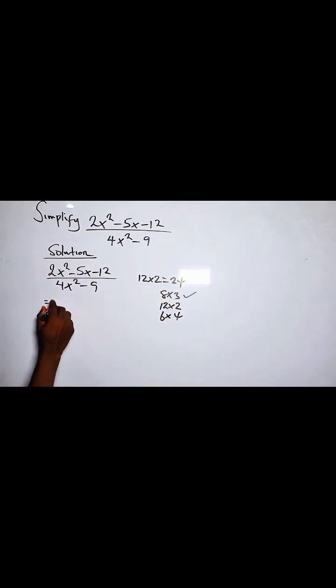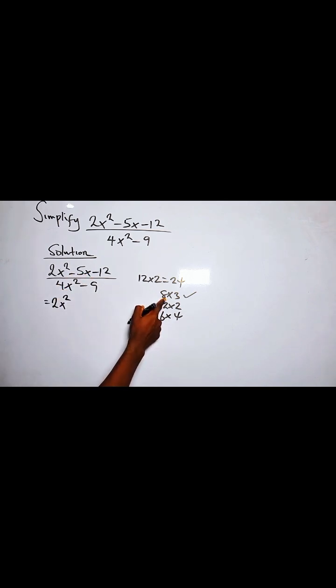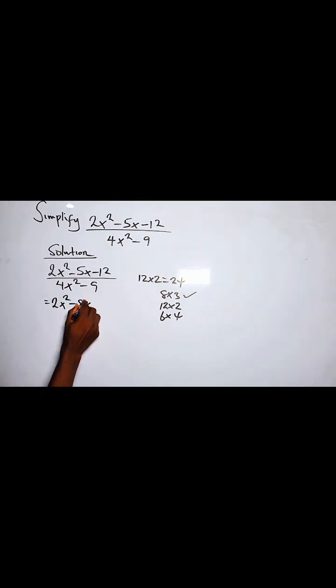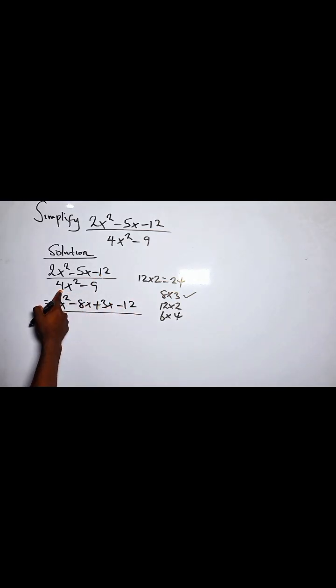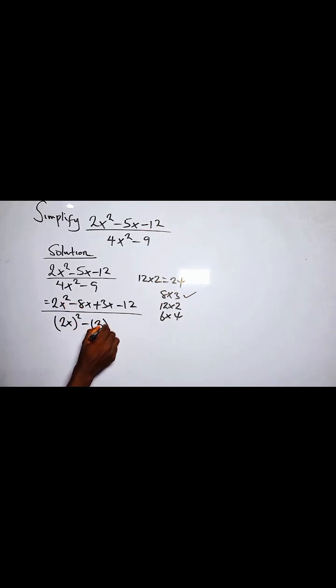So here we have 2x squared. For minus 5x, we replace it with minus 8x plus 3x, minus 12, over, for 4x squared minus 9, we can write 4x squared as 2x squared, minus 3 squared. At the numerator we can group it to look for the common factor.